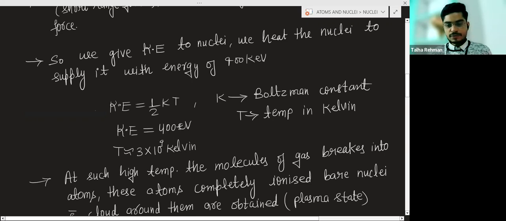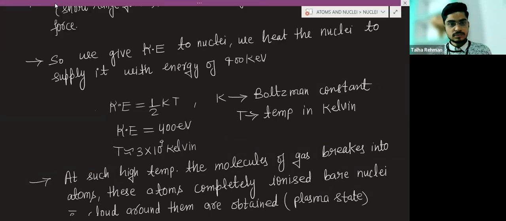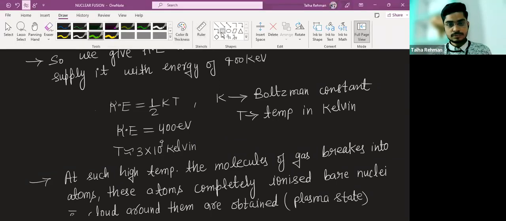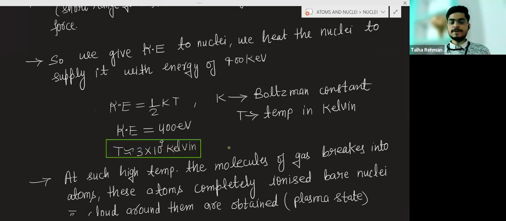So for kinetic energy, you are giving 400 kilo electron volt. You will put the value here, you will put the value of the Boltzmann constant, and you will get the temperature. This much temperature is required for the fusion reaction: 10 to the 3 into 10 to the power 9 Kelvin.